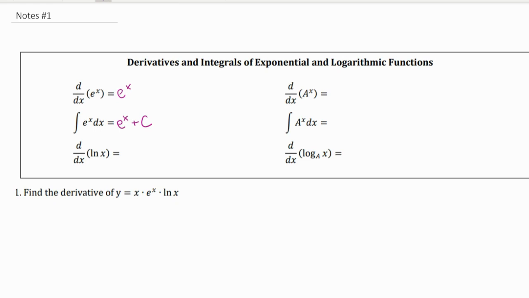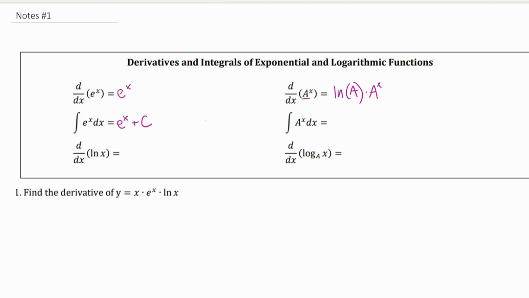So remember, antiderivatives should have a constant being added if it's not a definite integral. The derivative of any other base to the x power is going to be ln of that base times a to the x. So it's actually the same rule as e to the x, but if you were to do ln e times e to the x, ln e is just 1, so that's why it's just e to the x.